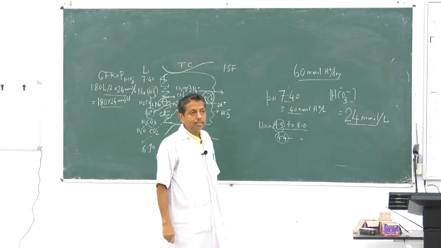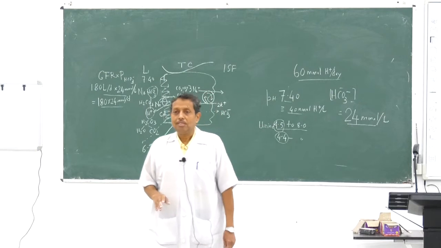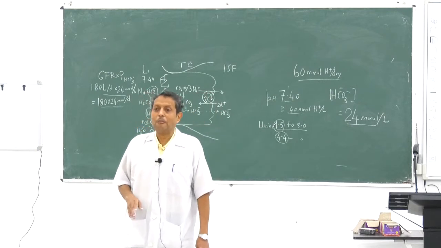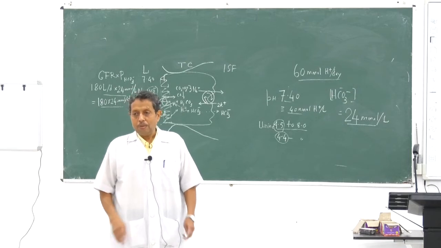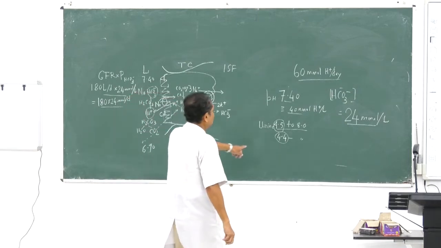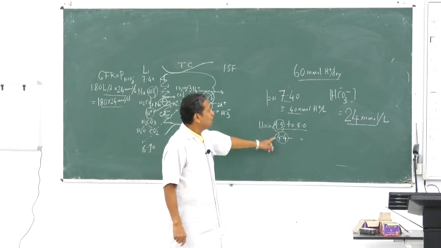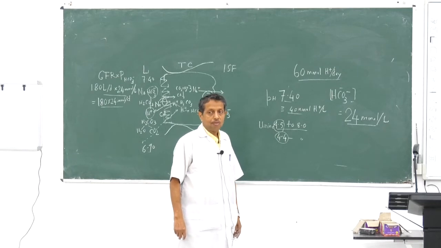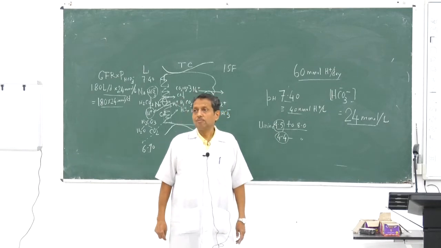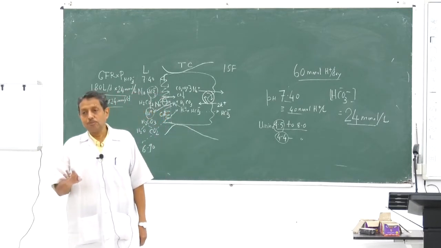How can you understand this? If there are no buffers within the renal tubules, no urinary buffers, then this hydrogen ion secretion, with a maximum fall in the pH to 4.4, is not adequate to eliminate this. You have understood this?